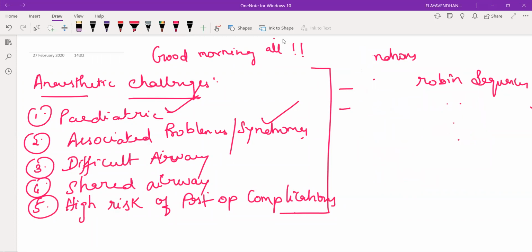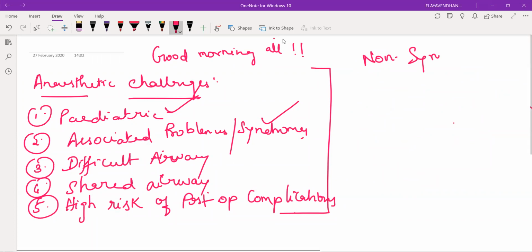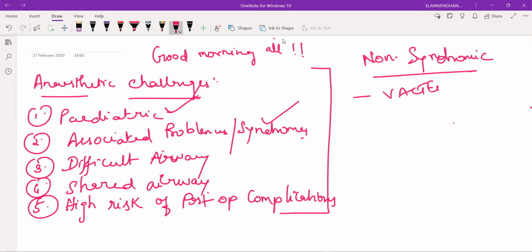Okay. Good. What are some of the non-syndromic associations of cleft lip and cleft palate? One is fetal alcohol syndrome, sir. No, non-syndromic association means cleft lip which can be associated with other problems but not coming in as a syndrome. That is non-syndromic association. VACTERL anomalies, sir. Okay, VACTERL anomalies, fine.